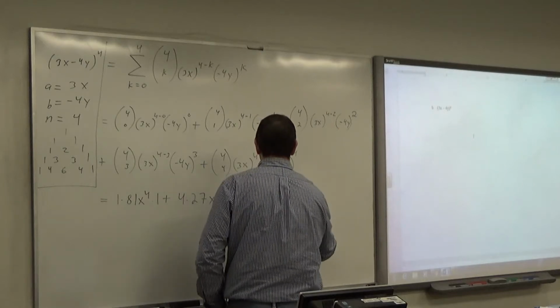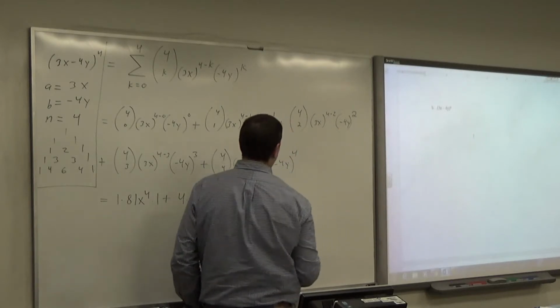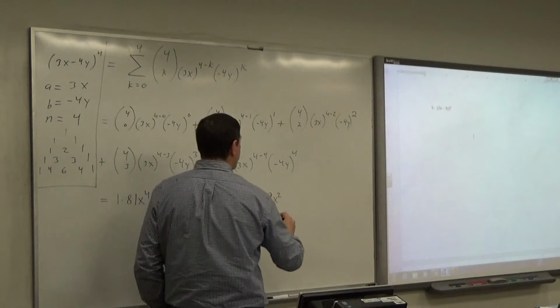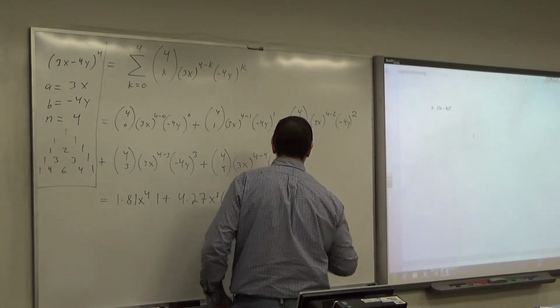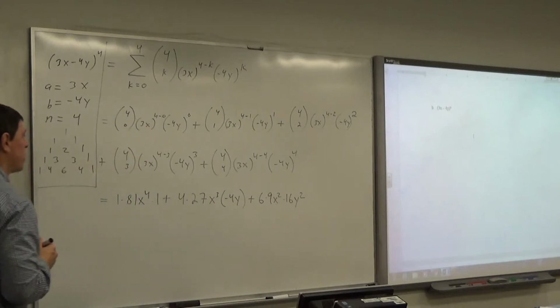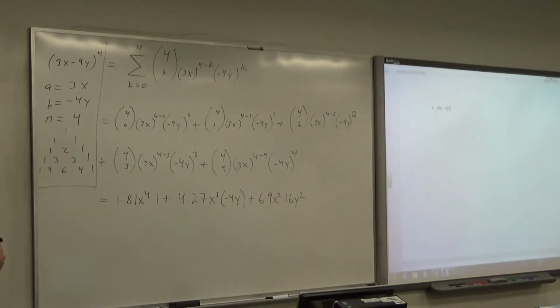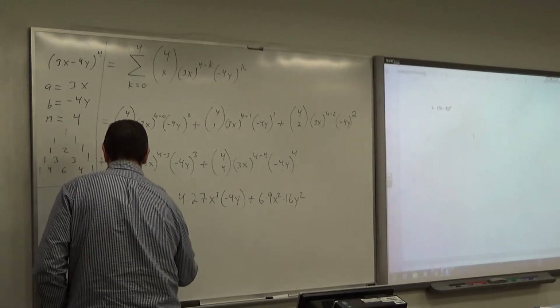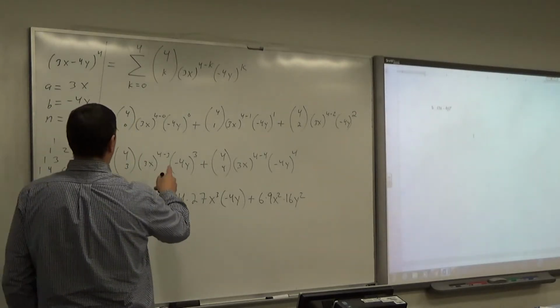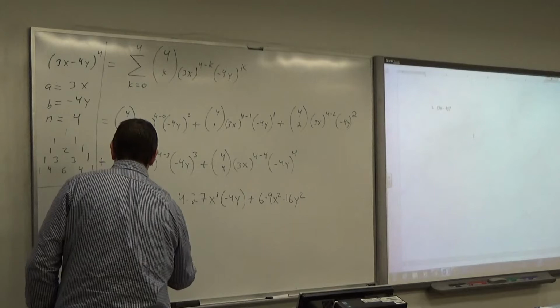3 squared is 9, x squared. Negative 4 squared is 16, and then y squared. And then we're going to have 4, 3 is 4. 3 to the 1st and x to the 1st is 3x.